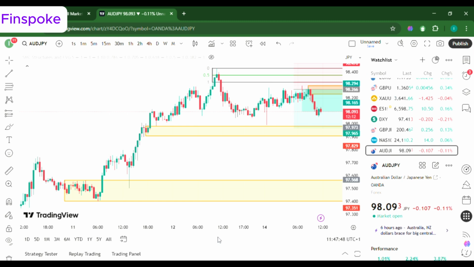When you combine the market structure with the supply and demand zone, your accuracy skyrockets. You are not just trading a random line, you are trading from areas where institutions are likely to step in.